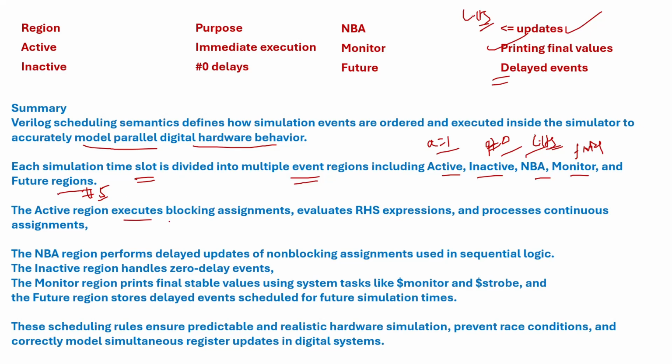Same thing. The active region executes blocking assignments, evaluates RHS expressions, and processes continuous assignments. The NBA region handles delayed updates of non-blocking statements like Q less than or equal to D, so there is a delayed update of Q. And the monitor region prints the final stable values, using $monitor and $strobe. And in the future region, we mention some delays. Why are these schedulings useful? They prevent race conditions.